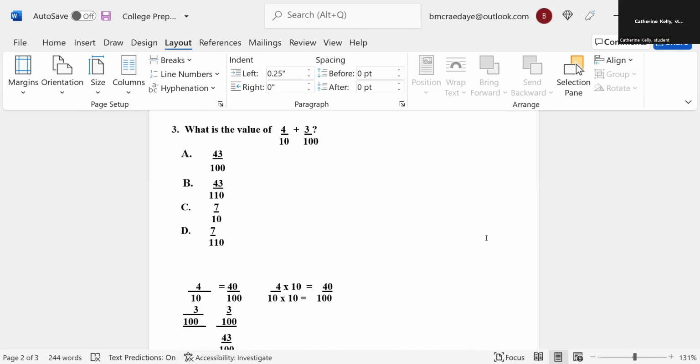But in division, you have to flip the divisor, then multiply. You don't have to change the denominators to the same, but you must do it when you're adding or subtracting. So remember that rule.